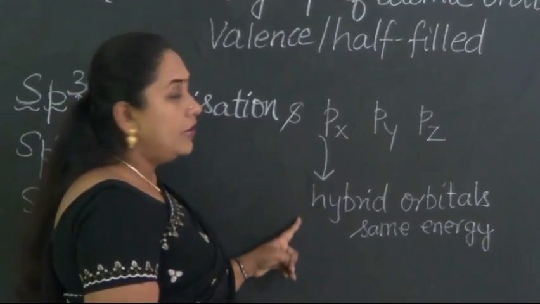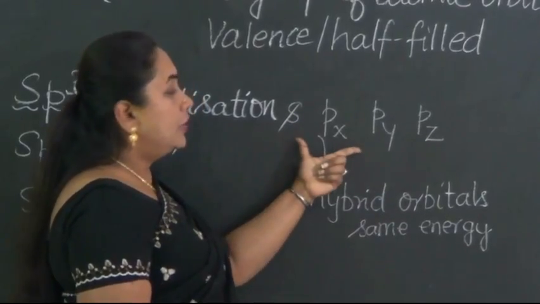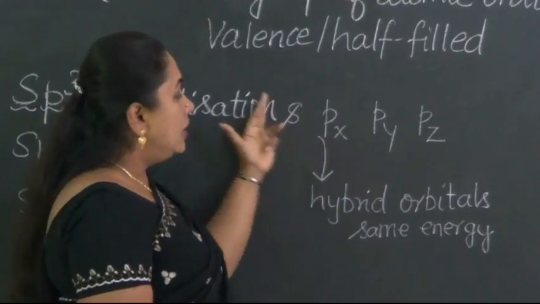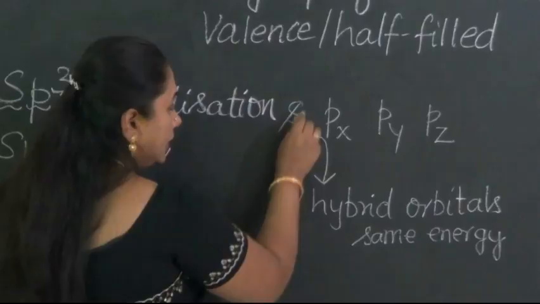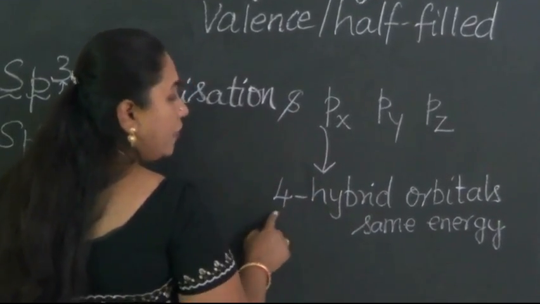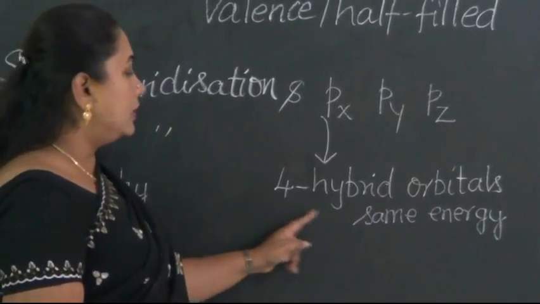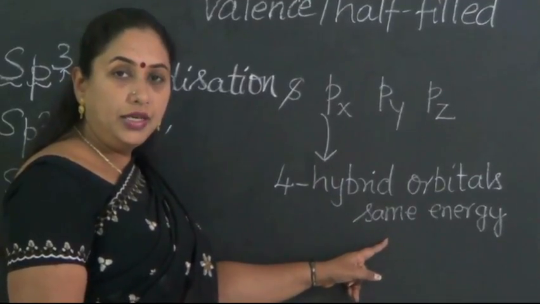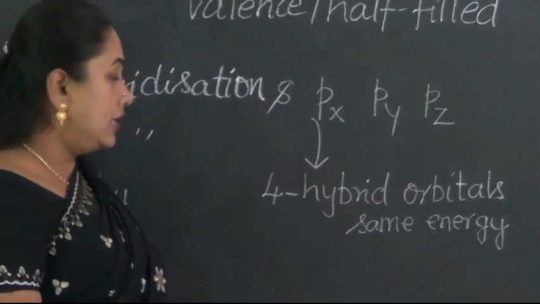Equal number of hybrid orbitals will be formed as the atomic orbitals which are undergoing the process of hybridization. That means in this case of sp3 hybridization, it will form 4 hybrid orbitals. All the 4 hybrid orbitals will be possessing the same amount of energy.